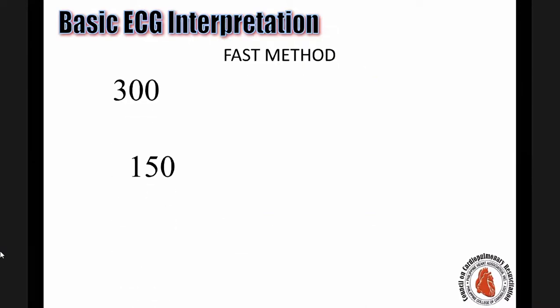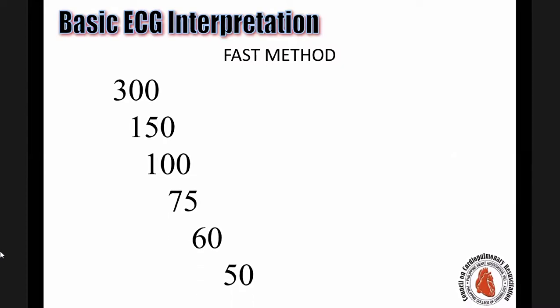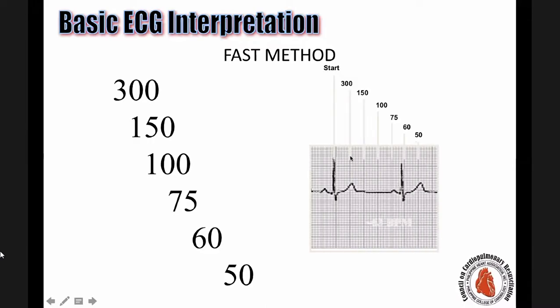So there is a fast method, but hindi ka na pwedeng mag 62, 63 na ganung heart rate. Parang 300, 150, 100 lang. So paano ba siya? Big square is 300. The next big square is 150. Then 100. 75. So this is 60.